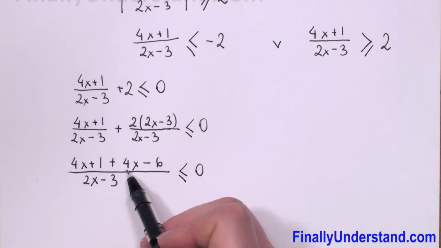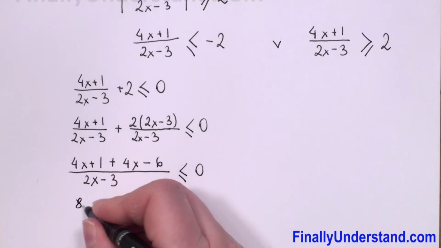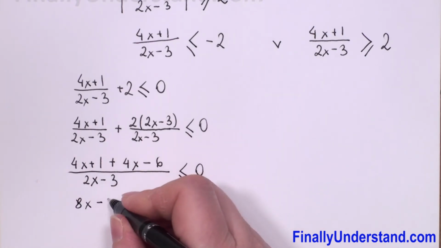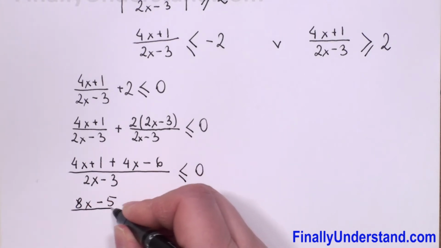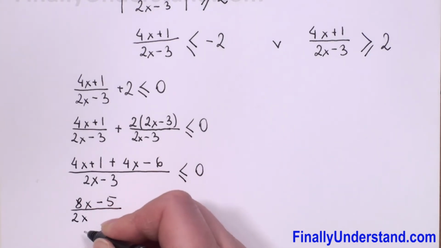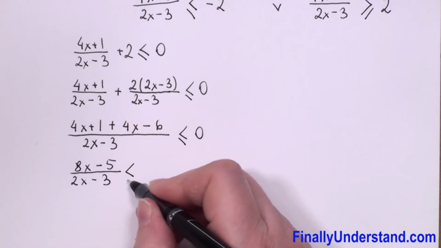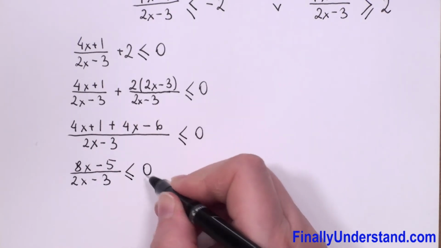So 4x plus 4x is 8x, 1 minus 6 will be minus 5, over 2x minus 3 is less than or equals 0.